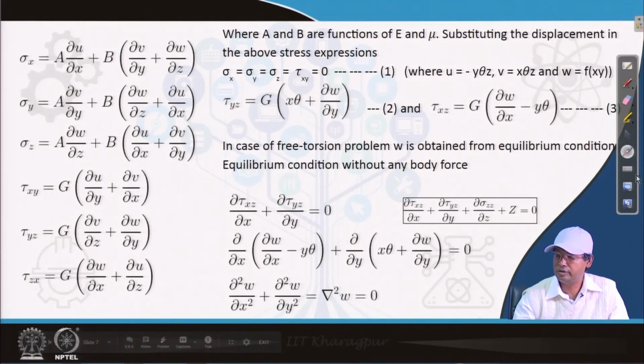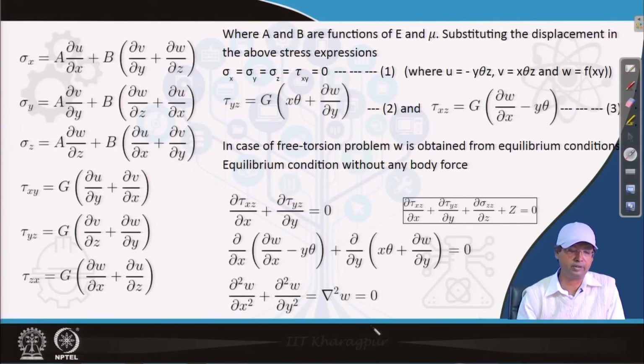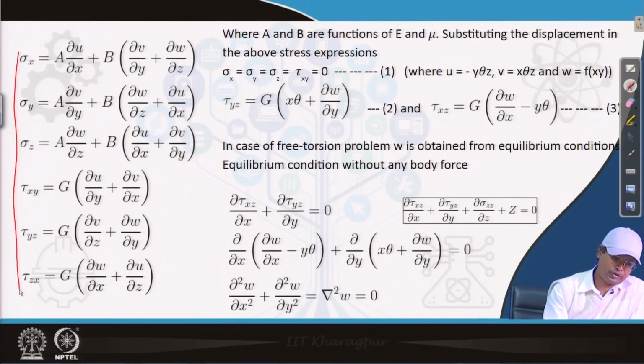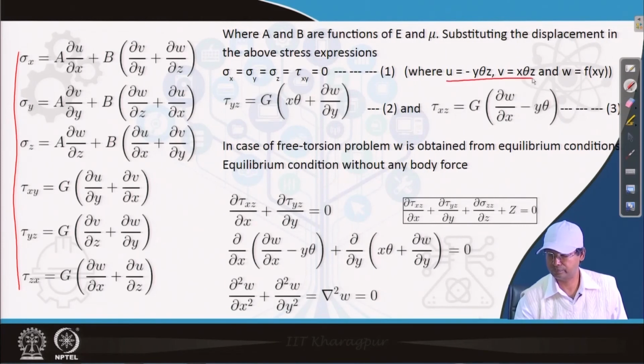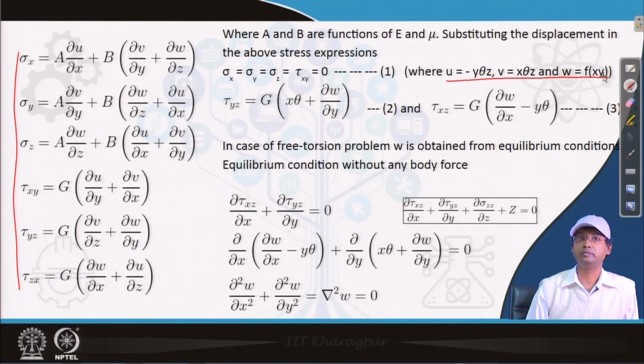So, with this note, what we see is that we have all the 6 components of stresses here, and if we substitute these values, we get the displacement because of the torsion.